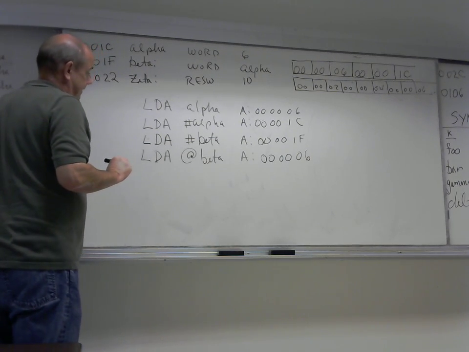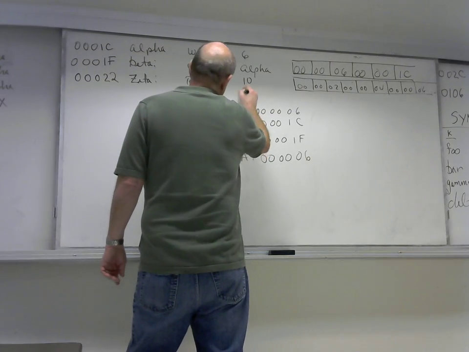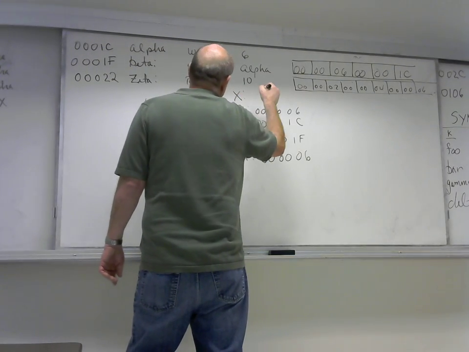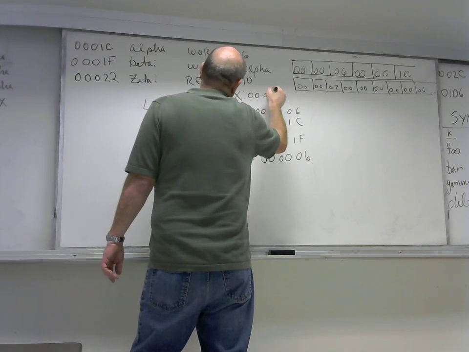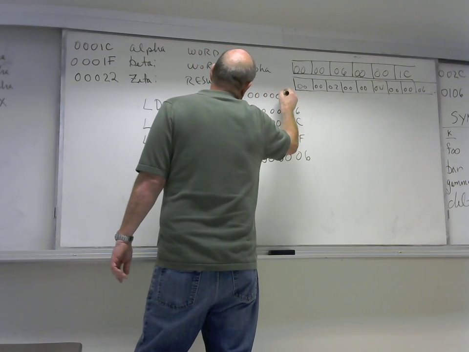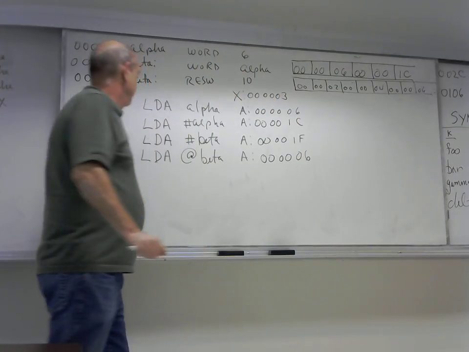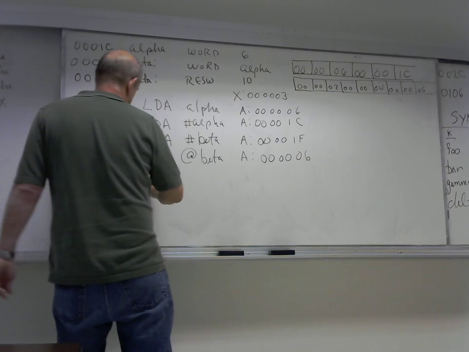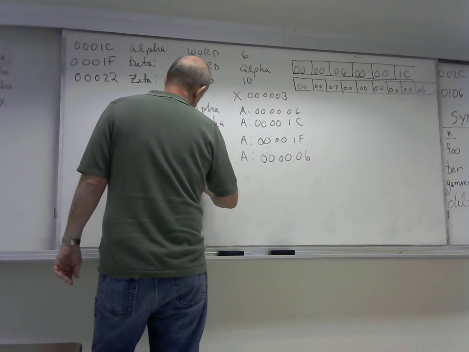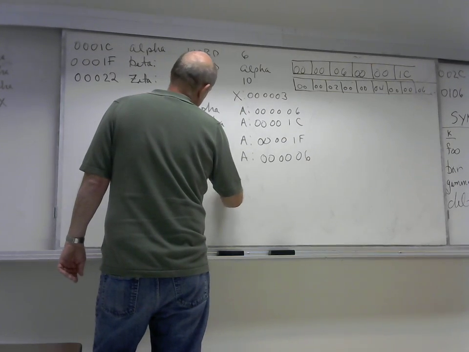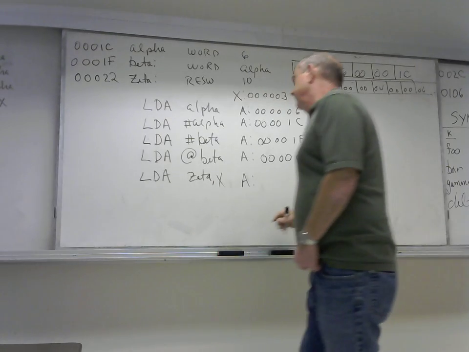All right. Now let's also assume that the X register has a value in it. Okay, LDA zeta,X. What's in the A register?